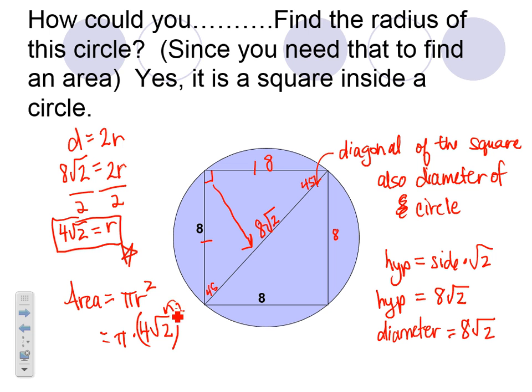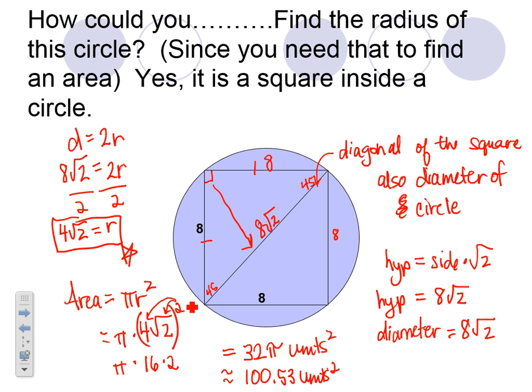Remember, that means you have to square both of these things. 4 squared is 16, and the square root of 2 squared gives me 2. So this would be 16 times 2 times pi. The area would be 32 pi units squared. And that would approximately be 100.53 units squared.